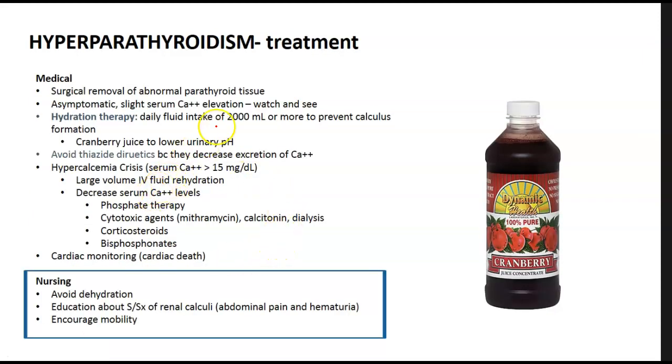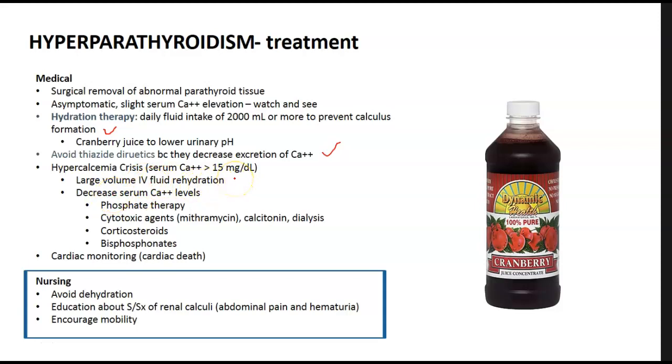In terms of management, if somebody already has high calcium levels, you want to help with hydration therapy. pH can help lower urinary pH. Avoid thiazide diuretics because they can actually decrease the secretion of calcium.